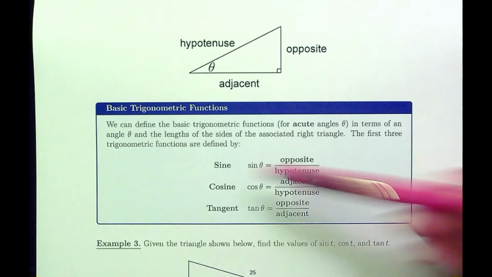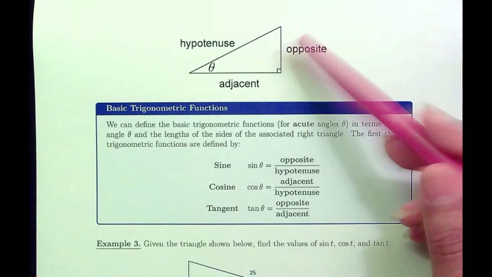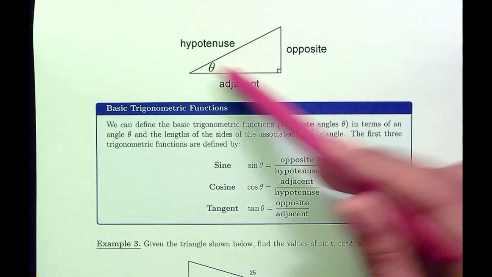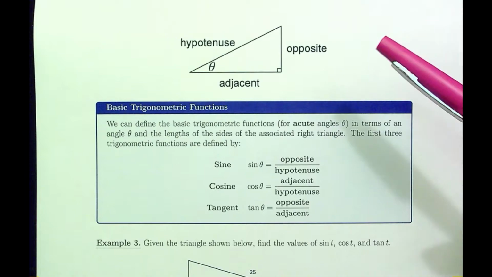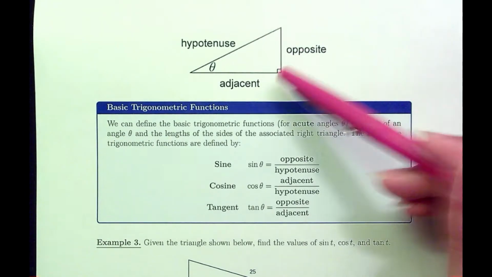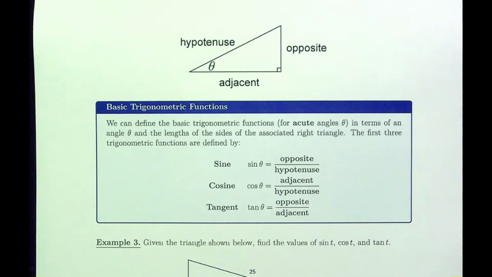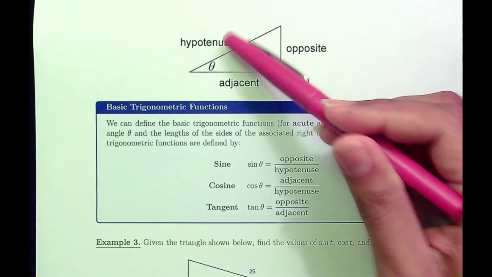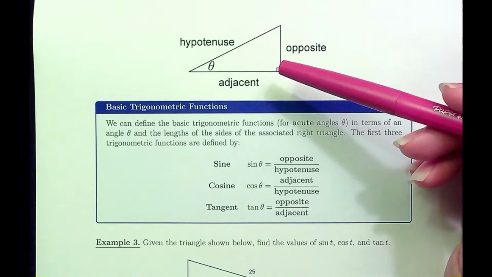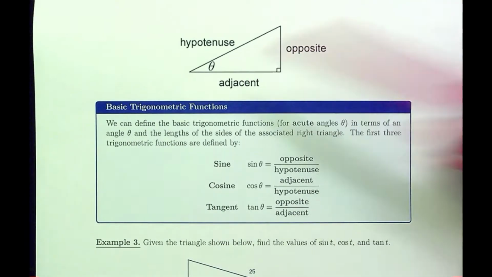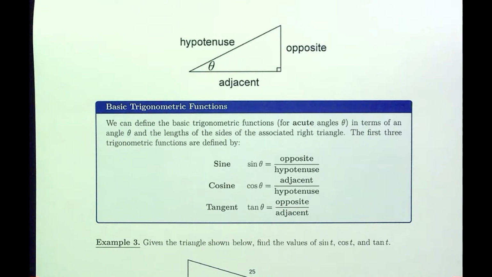The cosine of the angle is the adjacent divided by the hypotenuse, and the tangent is the opposite divided by the adjacent. All right, so sine is opposite divided by hypotenuse, cosine is adjacent divided by hypotenuse, and tangent is opposite divided by adjacent.